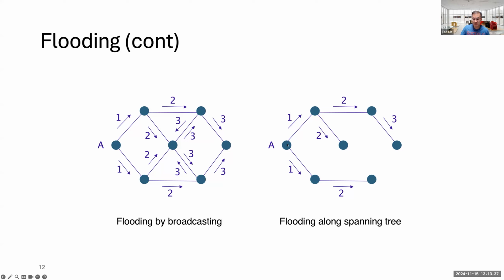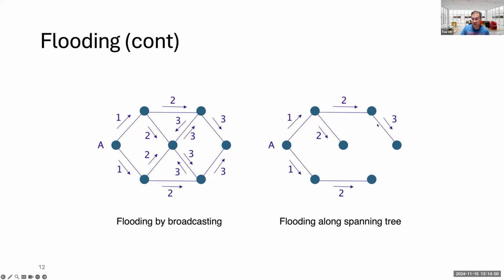Once A sends it out to all the outgoing nodes, a node that receives it does not send it out to everyone.